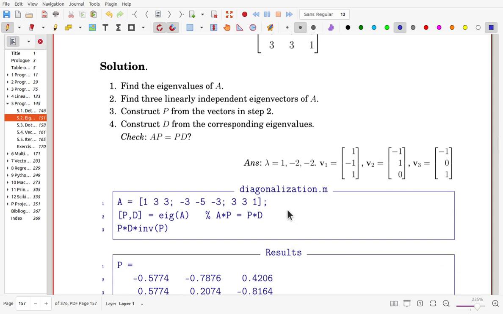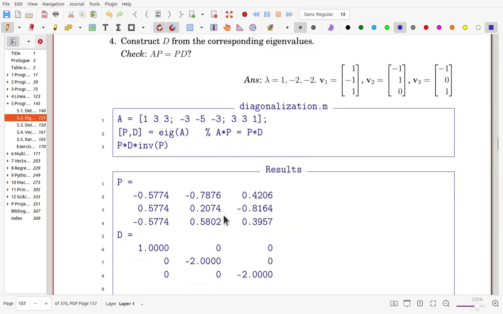Now if you are using a computer program in MATLAB, for A, by using the EIG built-in function, you can get P, that is the collection of eigenvectors, and D is the diagonal matrix of corresponding eigenvalues.